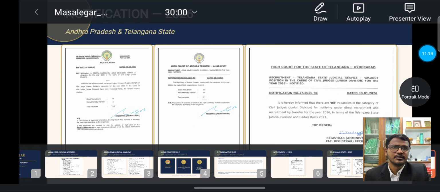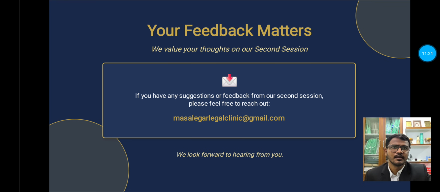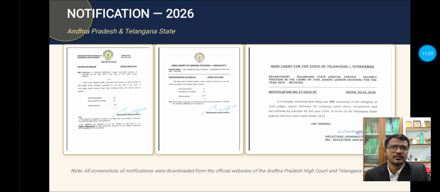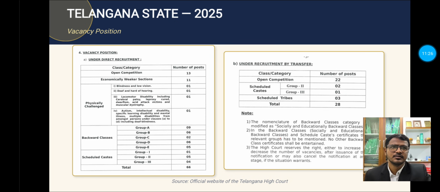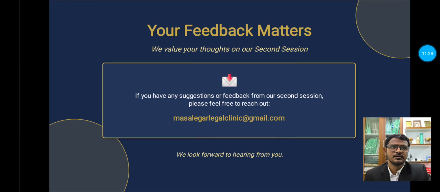Coming to the next part. So today's session will be concluded here. We have discussed only with regard to subjects: what are the subjects in civil laws and criminal laws in both states, Telangana and Andhra.